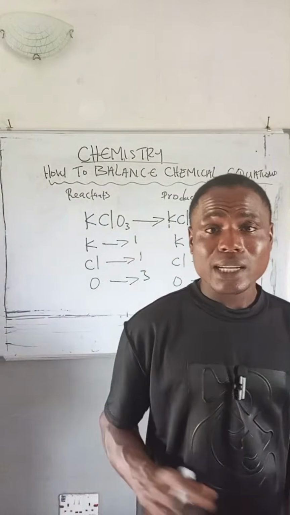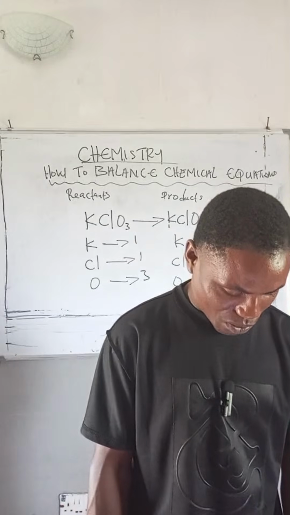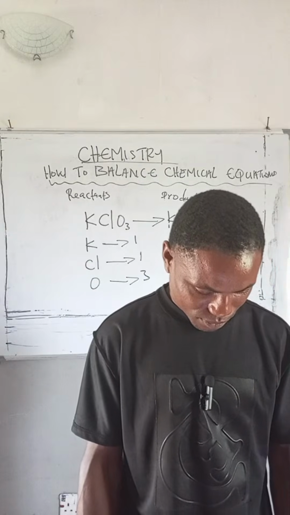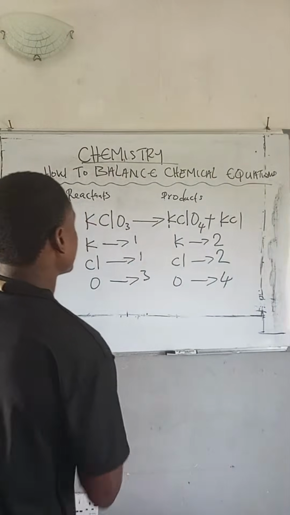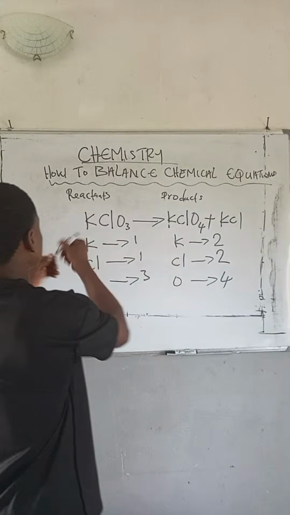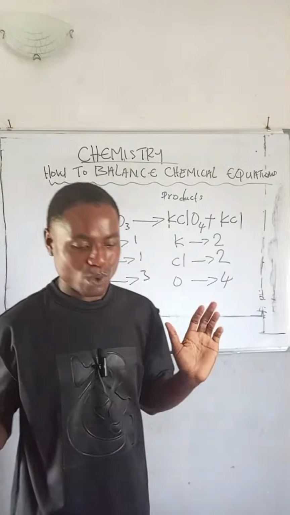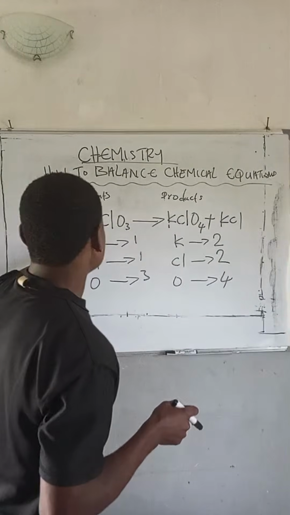They said we can start with 2, so let's start with 2 first, to see if truly we balance the equation. Here is 2, here is 1. Let's introduce 2 here first, okay? I want everyone to follow what I'm doing.